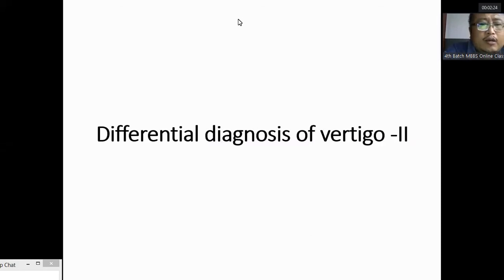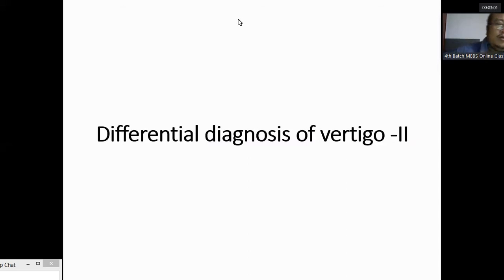The second point should be always to ask, do you have a hearing loss or not? The patient might say, I have a hearing loss, but it should be related to the vertigo. The old lady can say, I have vertigo, but due to presbycusis, or age-related hearing loss, she might have a hearing loss not associated with the vertigo.